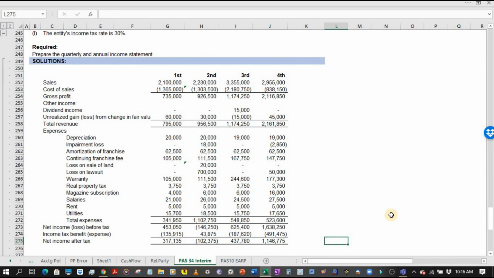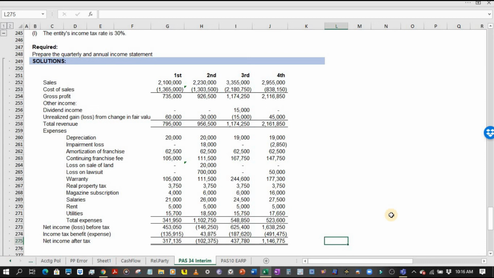So this computation of the income tax expense, where we simply multiply the tax rate to the NIBT, which is the non-cumulative NIBT, is only applicable if there are no changes in the tax rate during the accounting period.